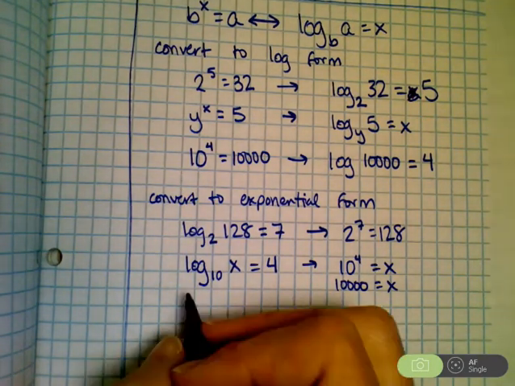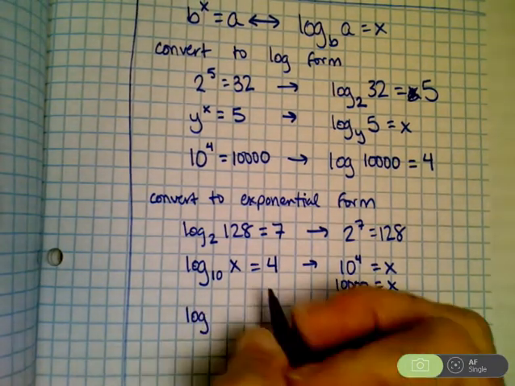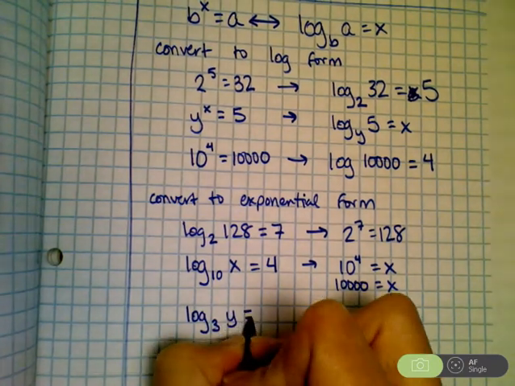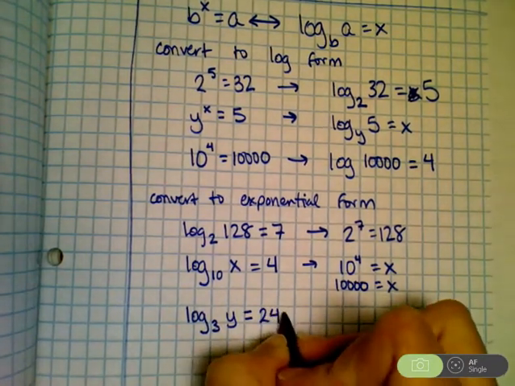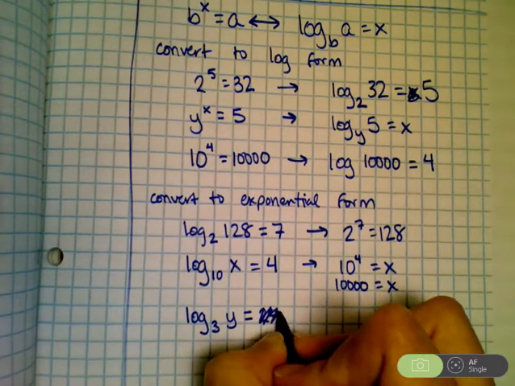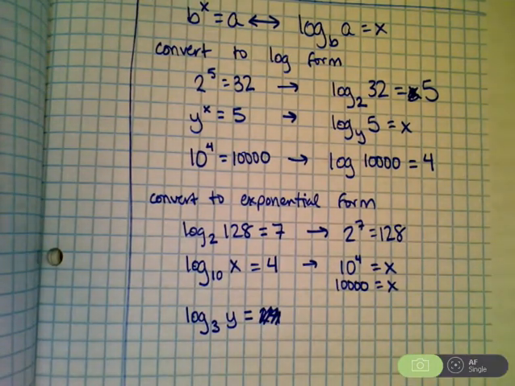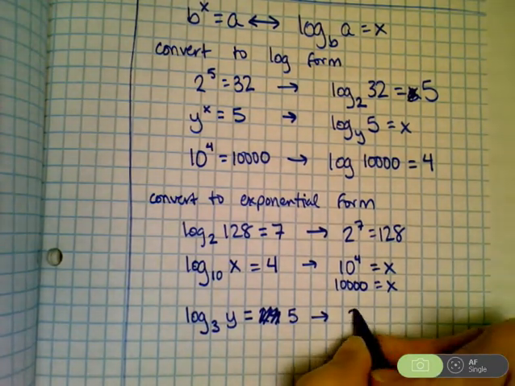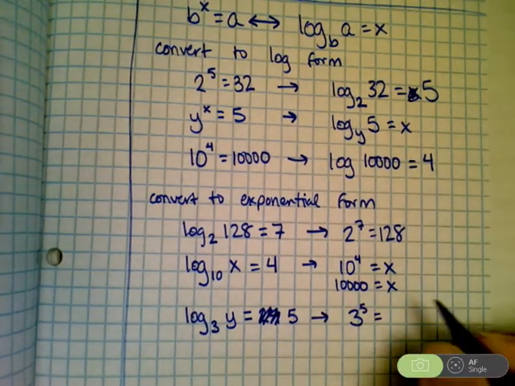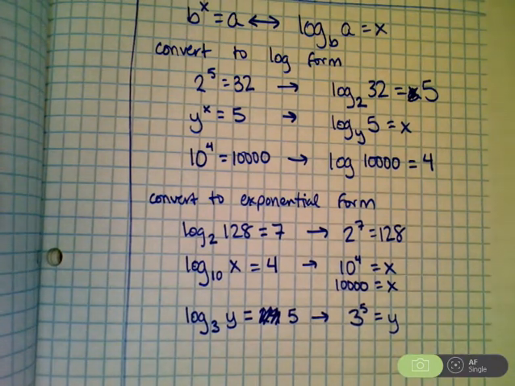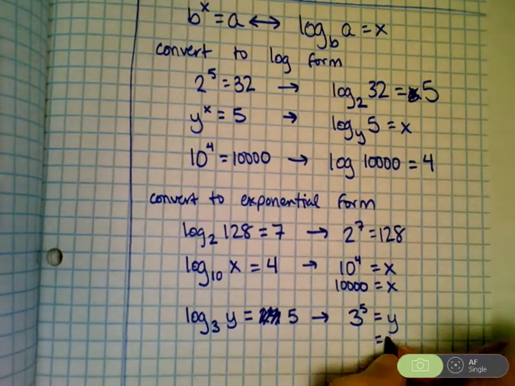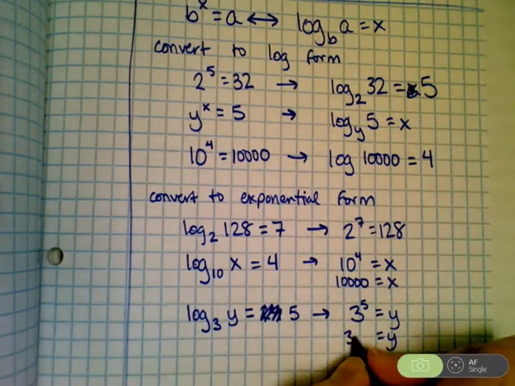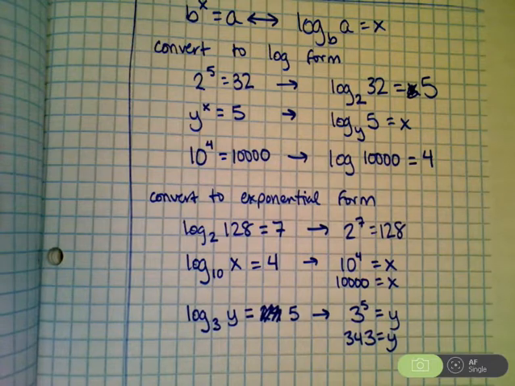Similarly, if you had log base 3 of y equals 5, to rewrite that, you would write 3 to the power of 5 equals y. Well, 3 to the power of 5 equals y, then again we can find y by doing 3 to the power of 5, which is 343.